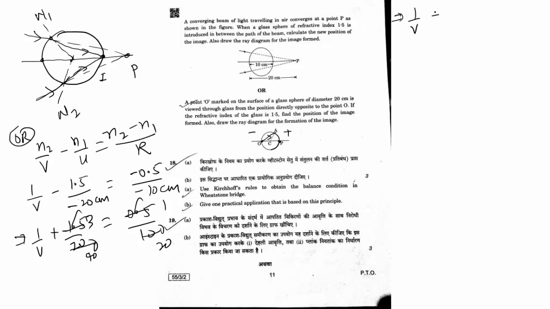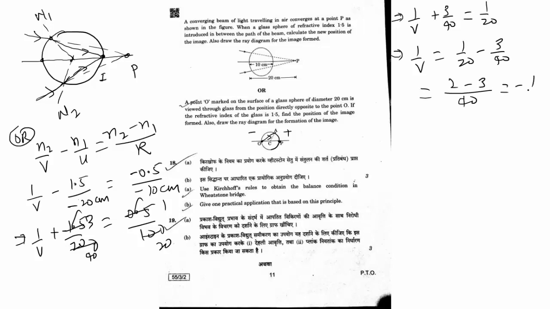So 1 by V plus 3 by 40 is equal to 1 by 20. This implies that 1 by V is equal to 1 by 20 minus 3 by 40, which is 2 minus 3 upon 40, that is minus 1 by 40. Implies that V is equal to minus 40 centimeter.